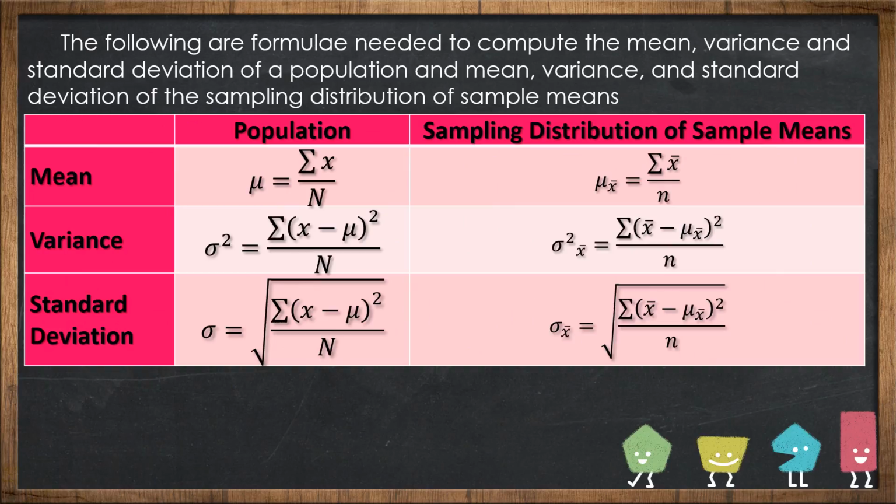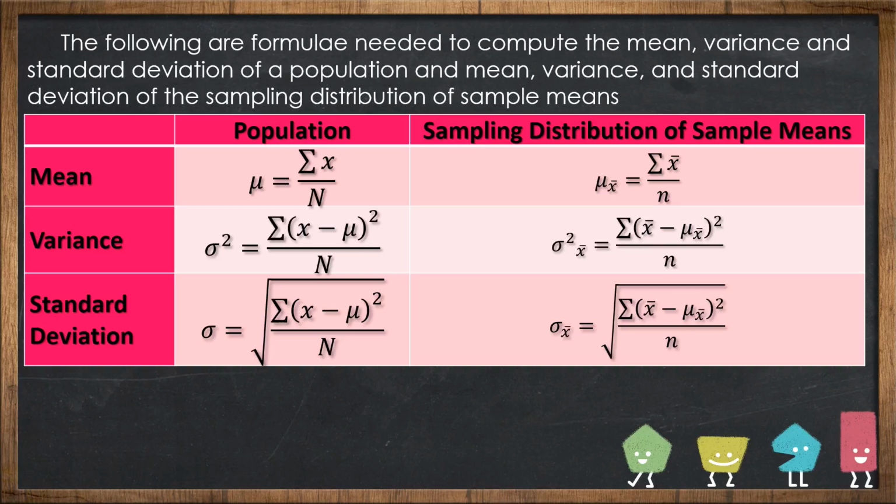Now, finding the mean and variance of the sampling distribution of sample means. The following are the formulas needed to compute the mean, variance, and standard deviation of the population, and the mean, variance, and standard deviation of the sampling distribution of sample means.